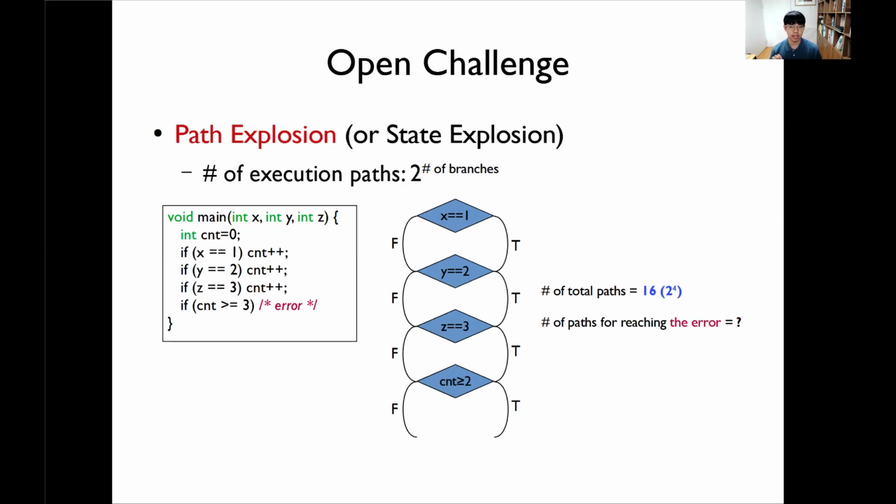Yes, the answer is 2 to the 4, which is 16. Another question: among the 16 paths, how many execution paths reach the error location? I give you 5 seconds to find the answer.